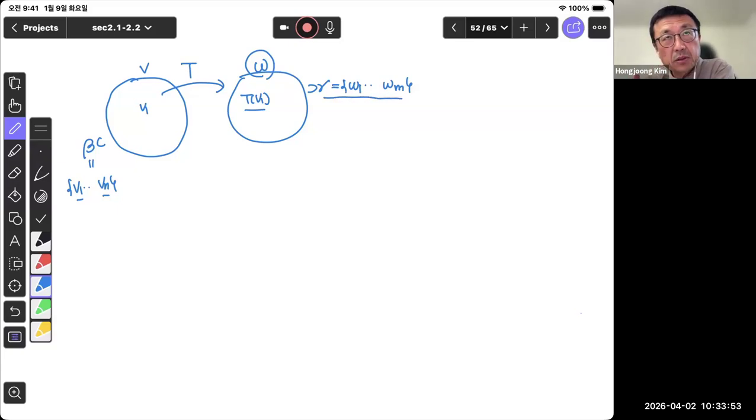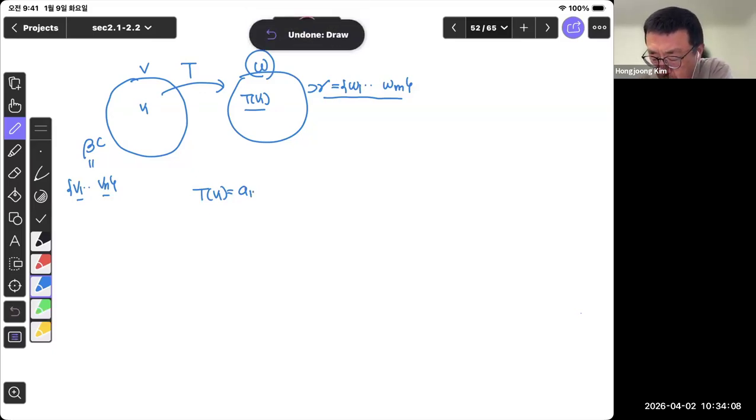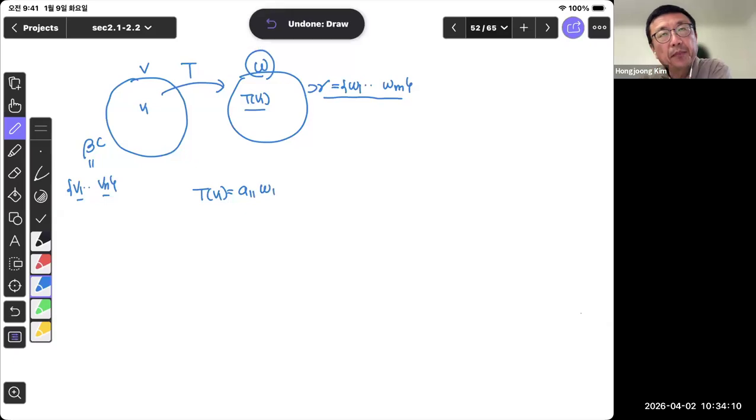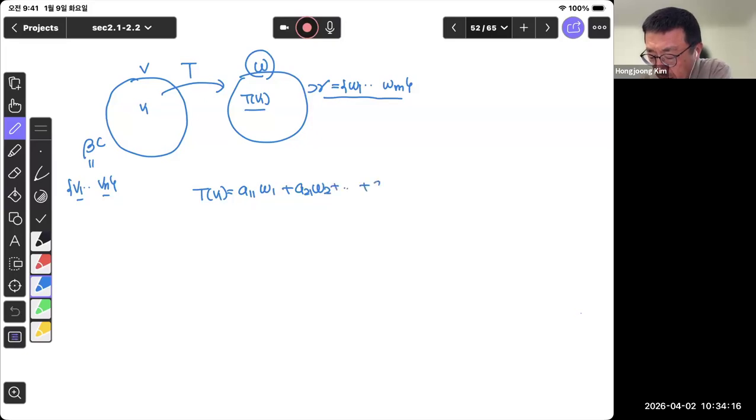So T of V1 can be written as A11 W1 plus A21 W2 up to AM1 WM.